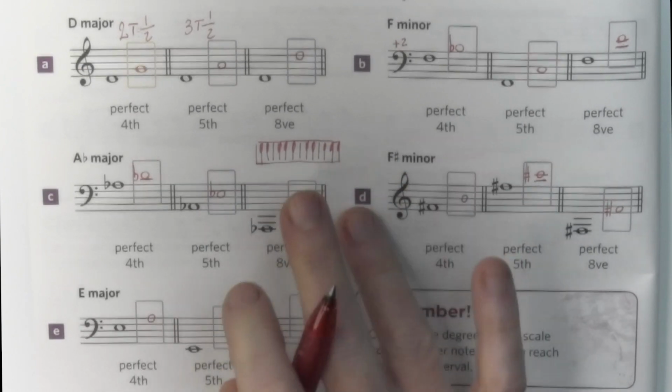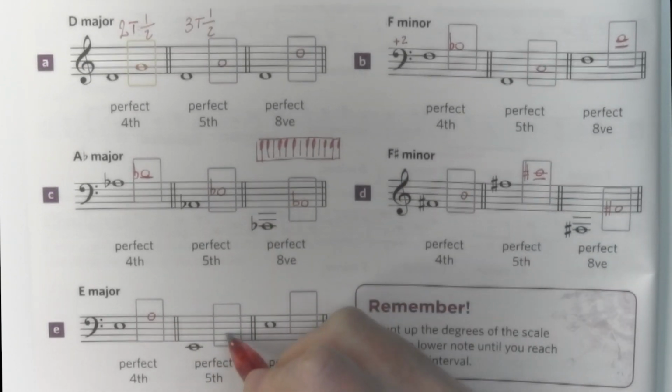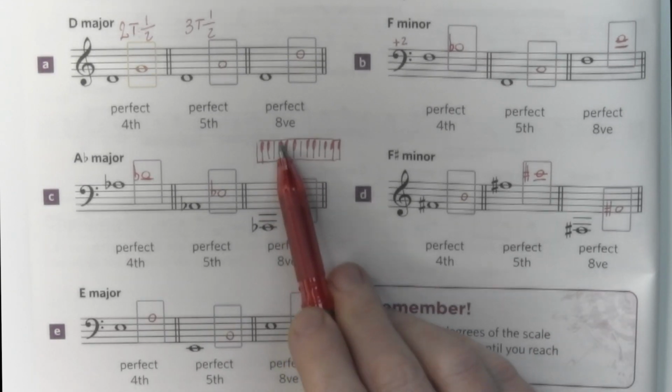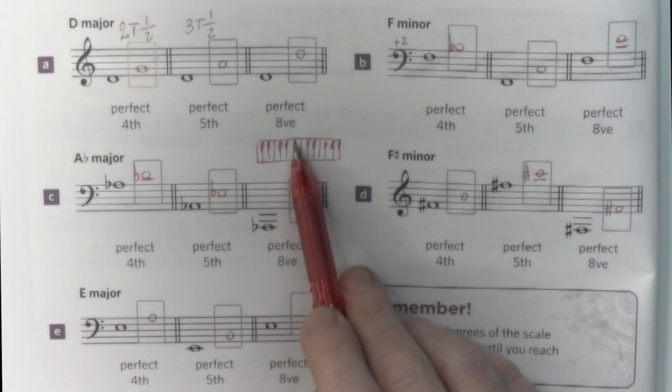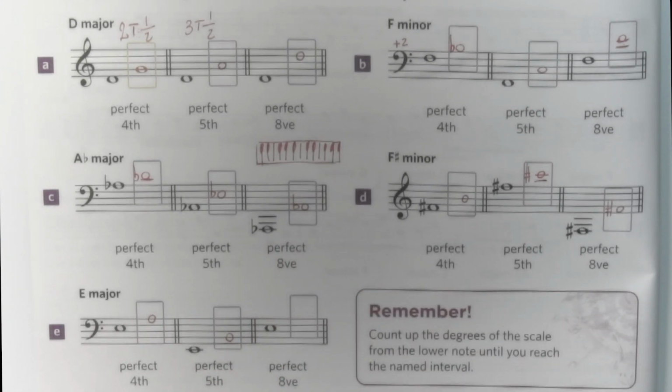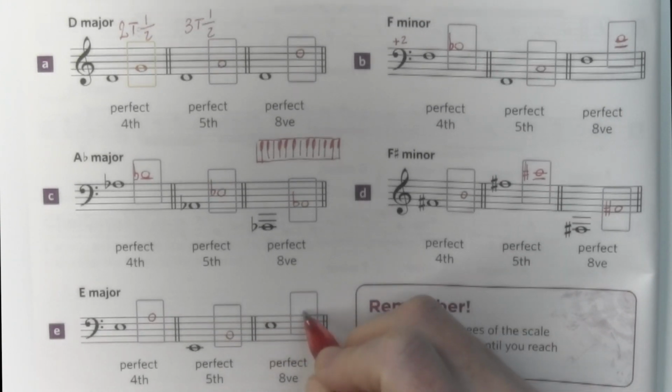Mi, fa, sol, la, si. Okay, we need to write a sol in treble clef. 1, 2, 3.5. So, C natural. Perfect. A perfect octave from mi is another mi.